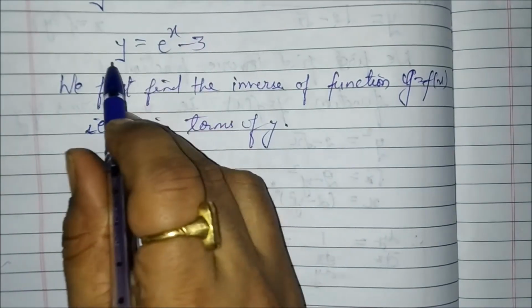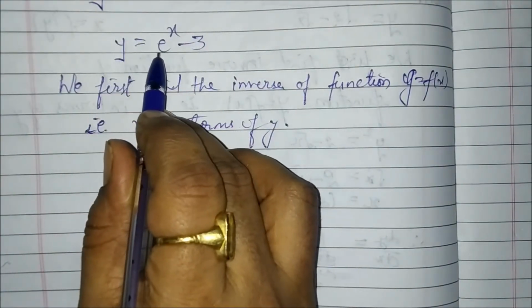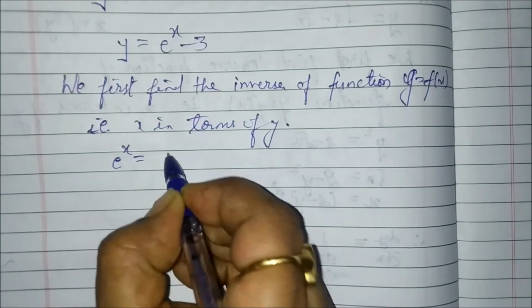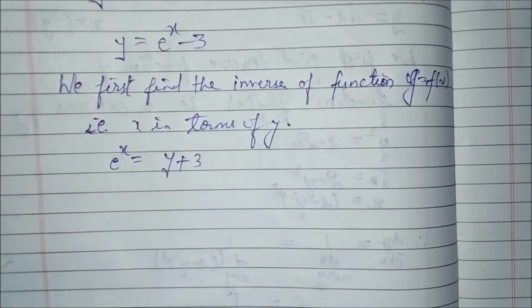So we have to write this function as x in terms of y. We change it to e raised to x = y plus 3.